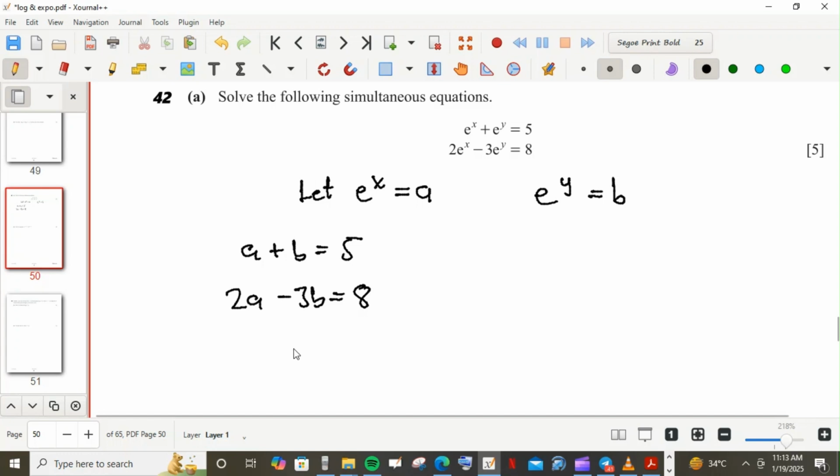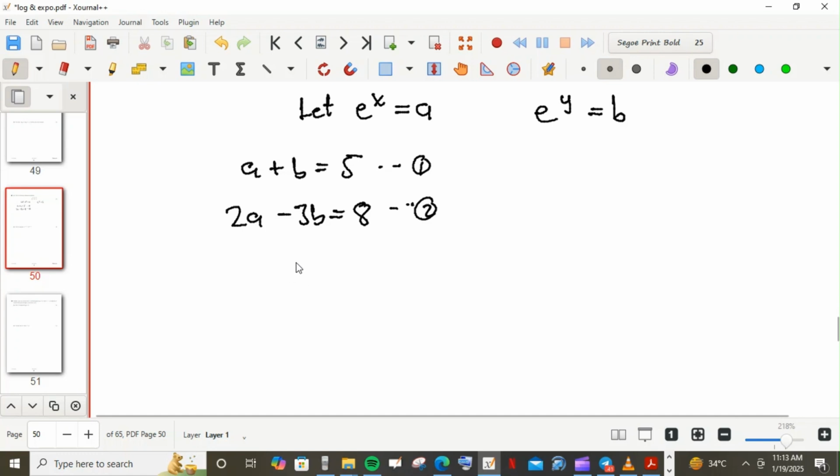All right, so this is equation 1. This is equation 2. I can make a the subject from equation 1.